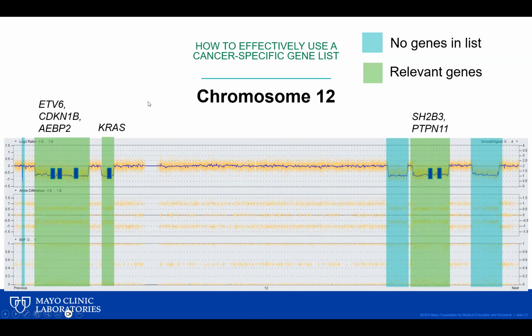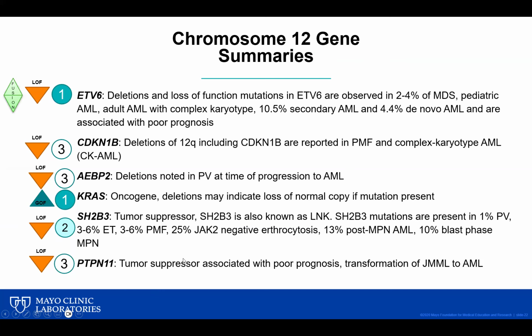We look into all of these genes, and we would include ETV6 in our report because deletions and loss of function are included in complex karyotypes in pediatric AML. And these are associated with poor prognosis in AML.